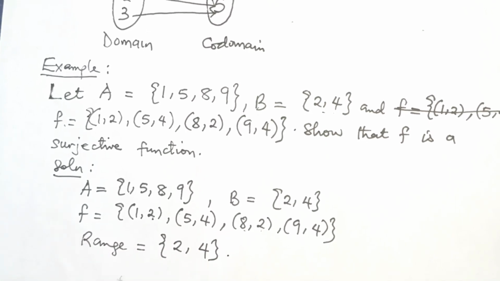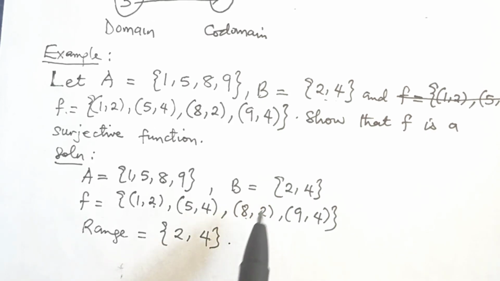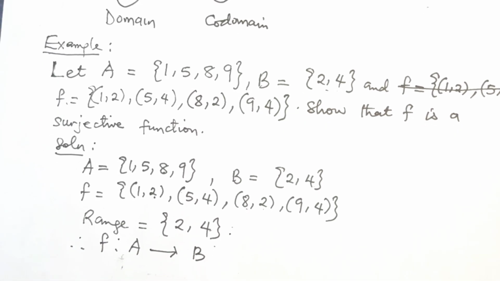So since the range and the codomain are equal, it means that f is a surjective function. Therefore the function f from A into B is onto, or we say it is a surjective function.